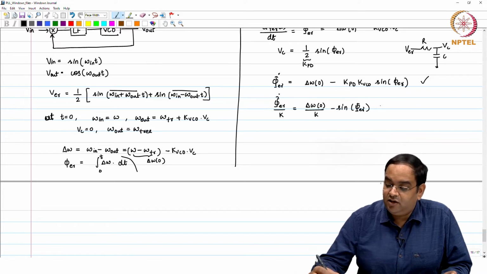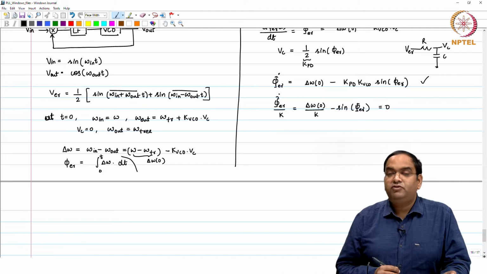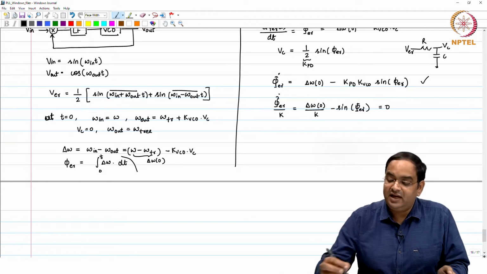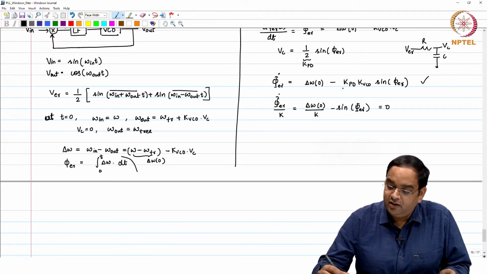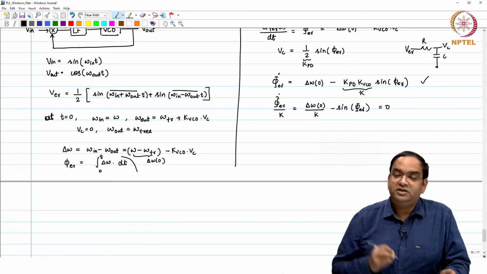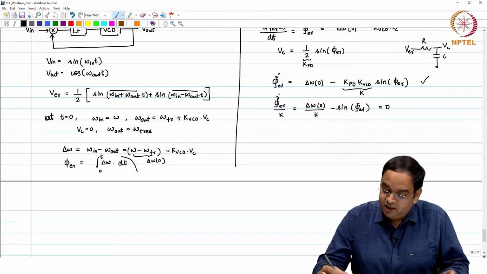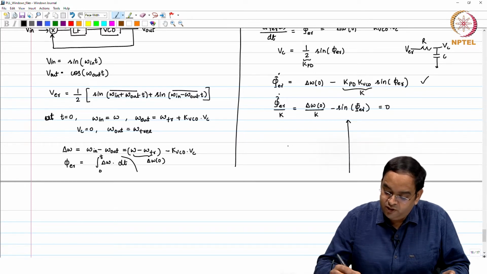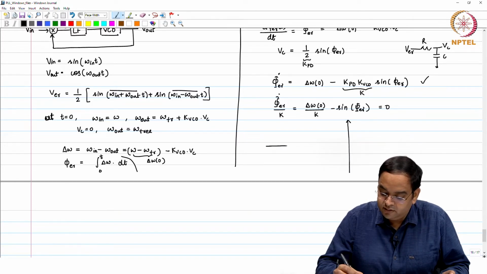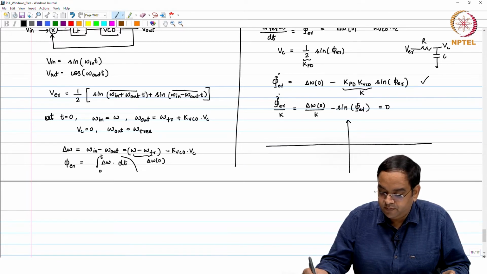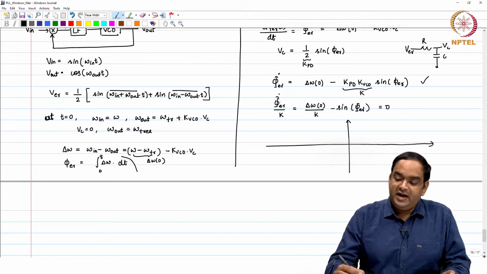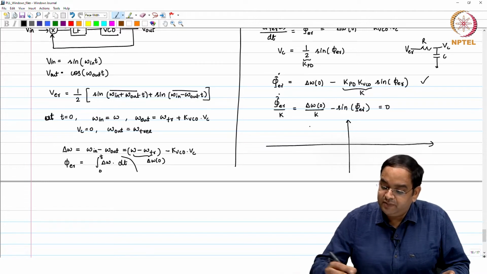If I equate this to 0 and find the solution for the phase error, then I can say I have a solution. Here your KPD times KVCO is written as k. So, now just look at whether you have a solution. I am going to plot phi error dot by k with respect to phase error.